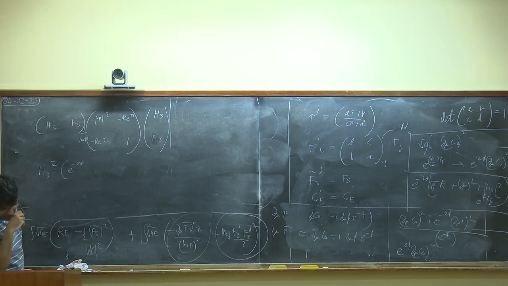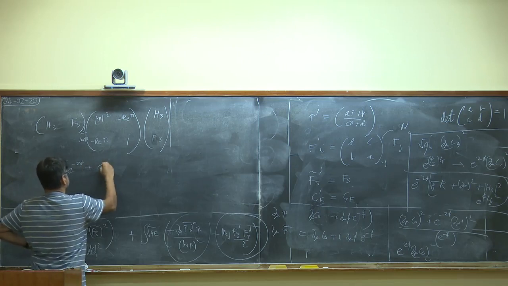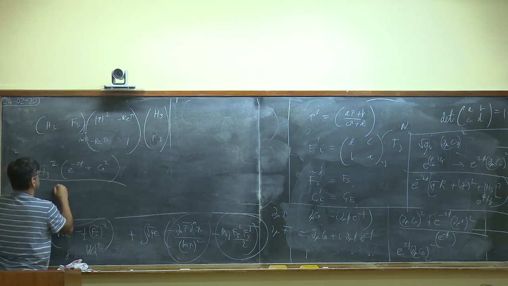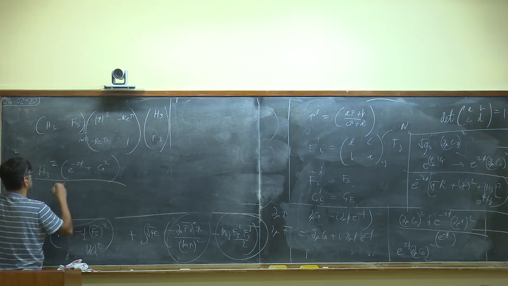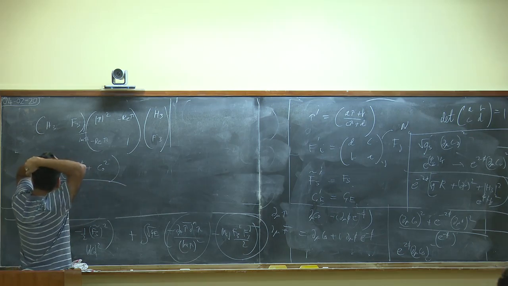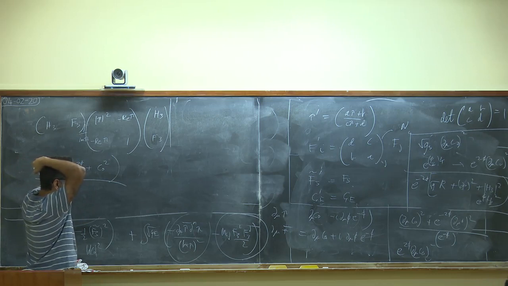Plus C0 square. The whole thing divided by e to the power minus phi. So this is coming with an e to the power minus phi. Didn't we expect it with an e to the power plus phi?